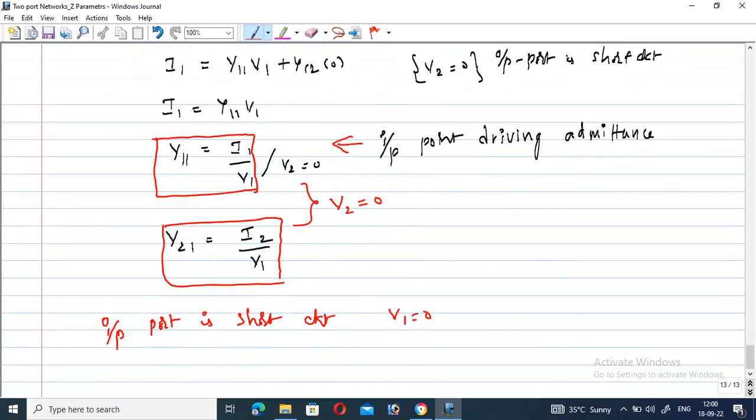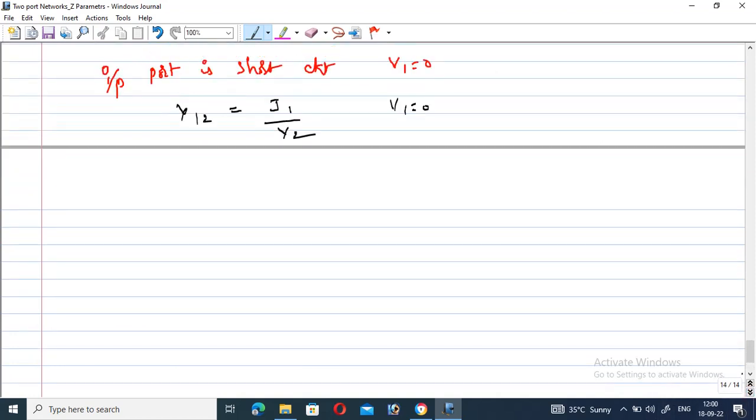y12 is equal to I1 by V2 when V1 is equal to 0, as well as y22 is equal to I2 by V2 when V1 is equal to 0.